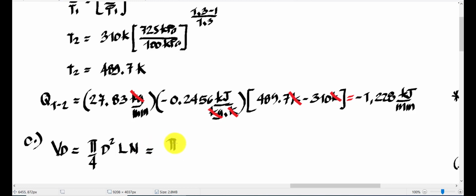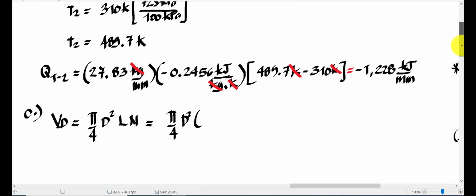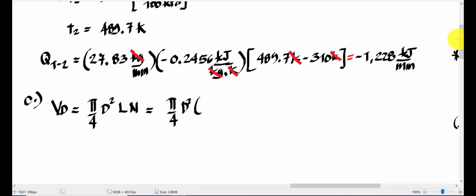We have here pi over 4 times the diameter squared, then we shall write L. Since we have earlier the ratio of L over D, your L over D is equal to 1.3.